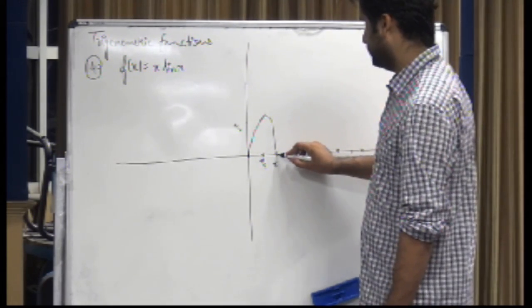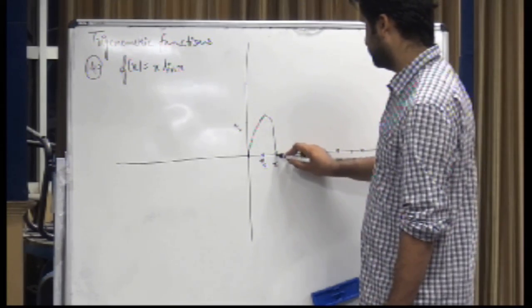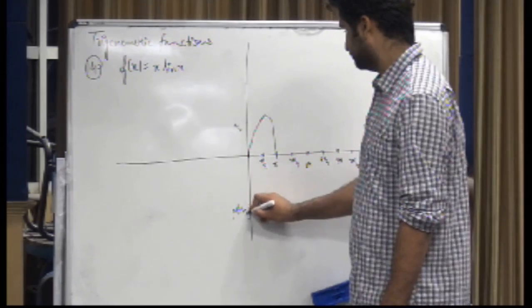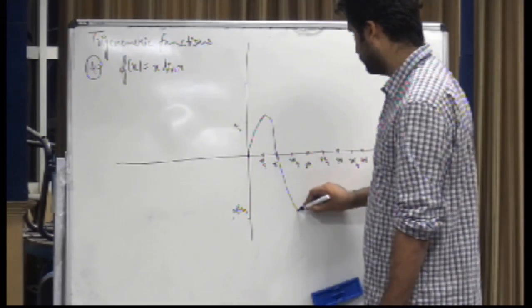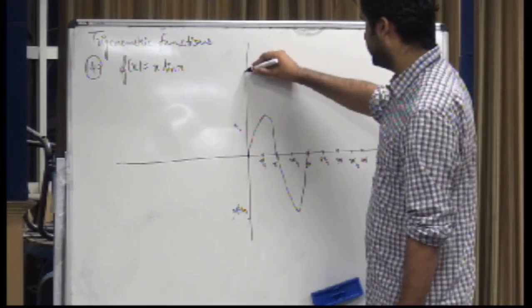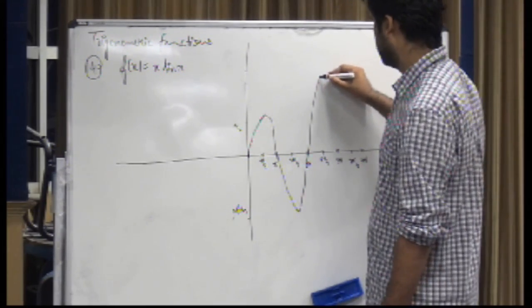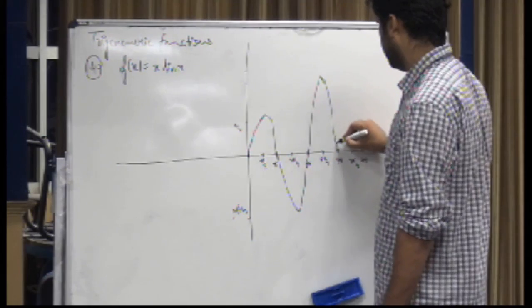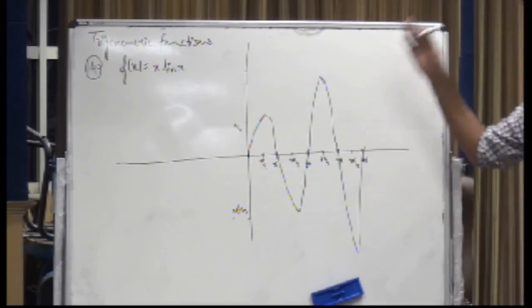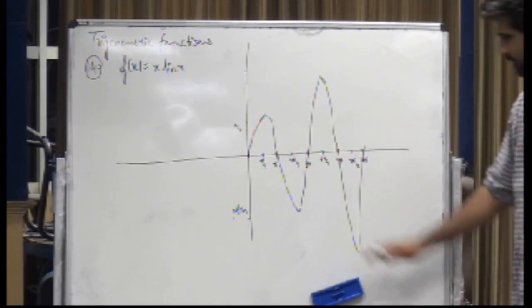Then again, for negative values, it will reach minus 3 pi by 2 over here. So it goes like this, and then again falls. Then the maximum value increases more. Then it goes like this, then again falls. The graph will keep going like this. Are you getting it?